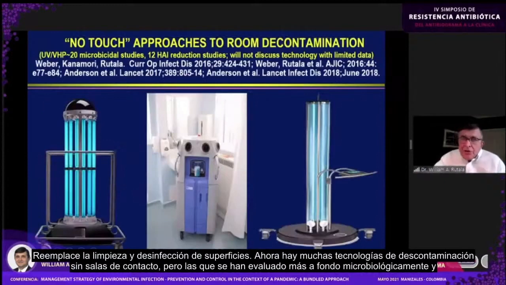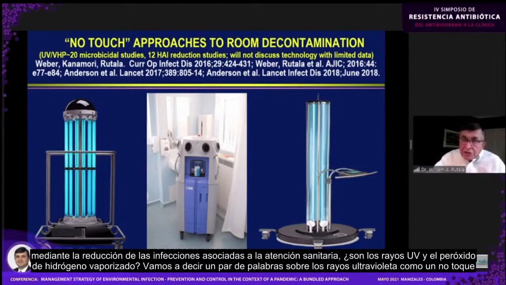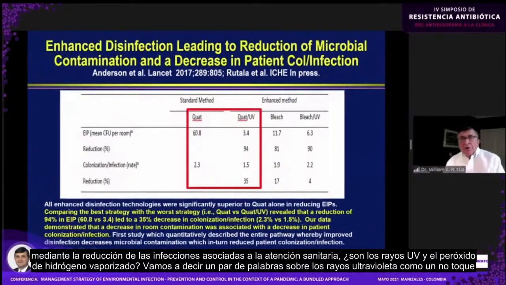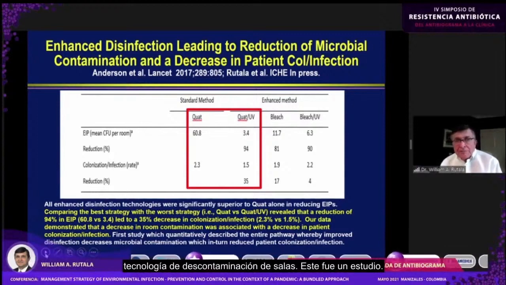Now, there are many no-touch room decontamination technologies, but the ones that have been most thoroughly evaluated microbiologically and by reduction of healthcare-associated infections are UV and vaporized hydrogen peroxide. We're going to say a couple words about UV as a no-touch room decontamination technology.